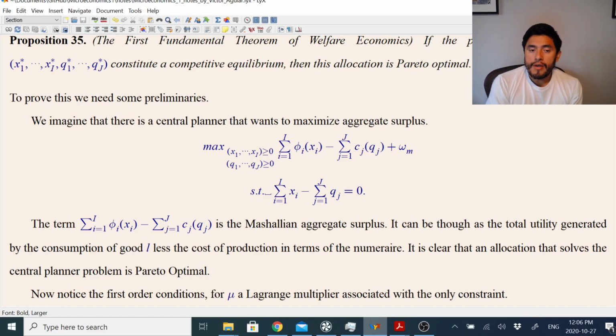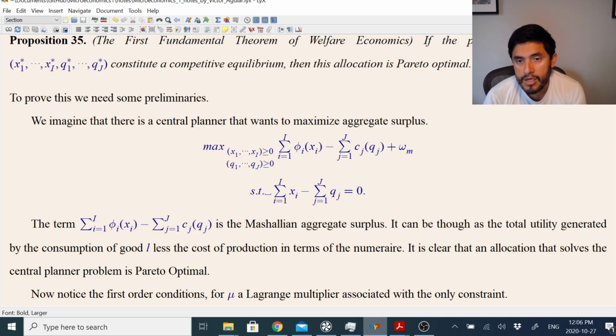So now the central planner solves this problem. And basically any solution to this problem will be Pareto optimal, right? Notice that due to the nature of our problem, any allocation that solves this problem is Pareto optimal because there is no way to improve it.